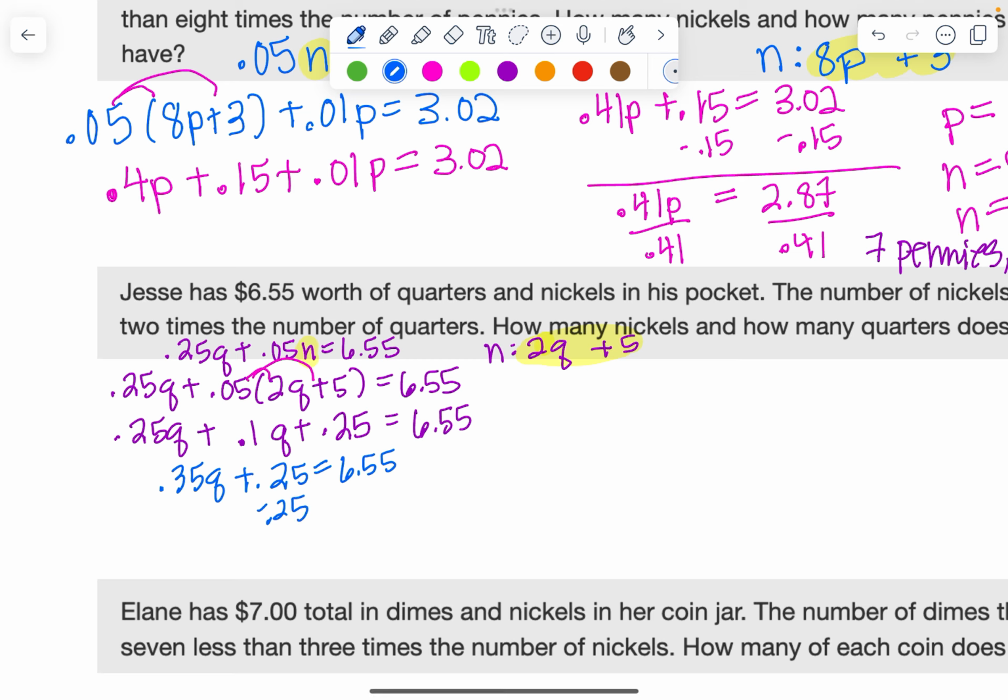Taking away 0.25 here, we would end up with 0.35q equals 6.30.